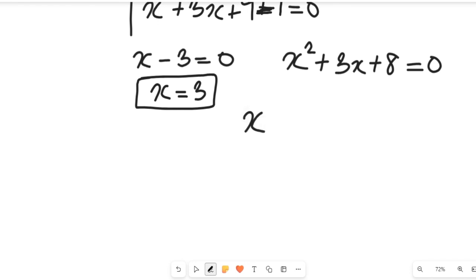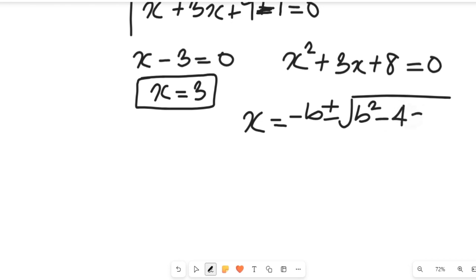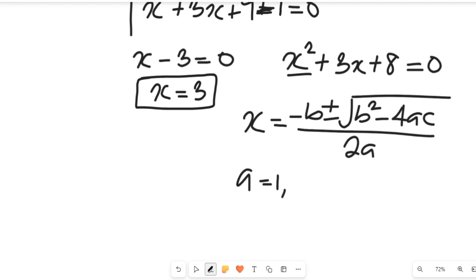From the quadratic formula, our x is equal to minus b plus or minus the square root of b squared minus 4ac, divided by 2a. And from our expression, a is equal to 1, b is equal to 3, and our c is equal to 8.